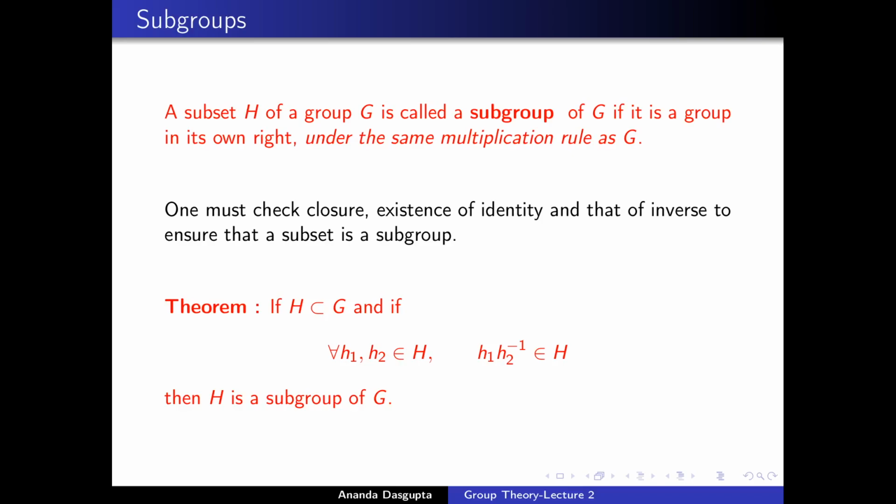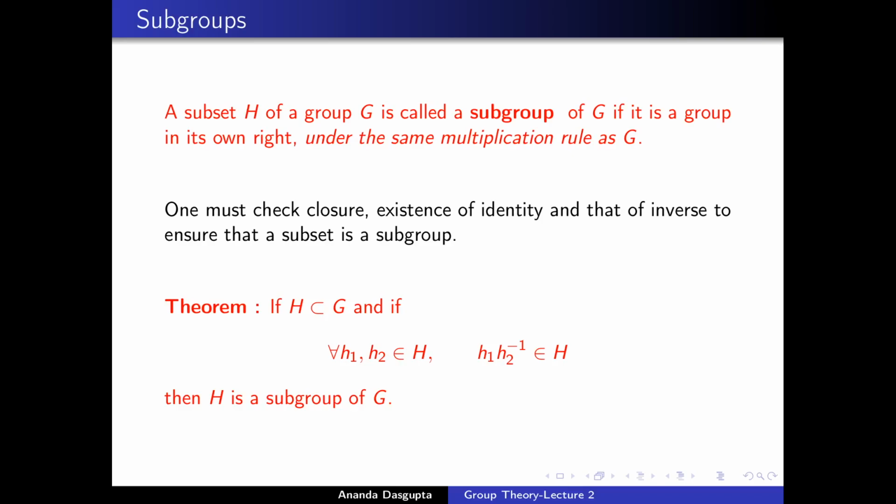So there's no problem in calculating this particular quantity. So the theorem goes, if for all H1, H2, H1 H2 inverse also belongs to capital H, then capital H is a subgroup of capital G.